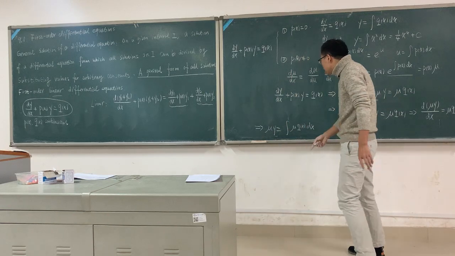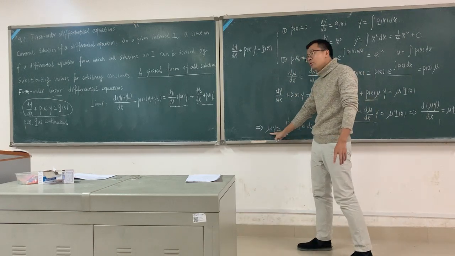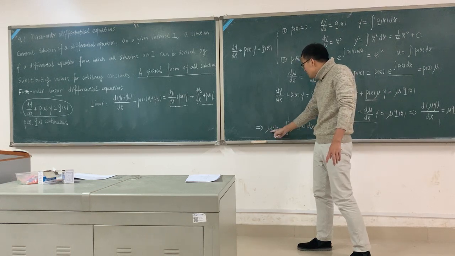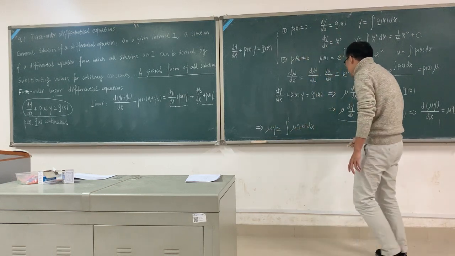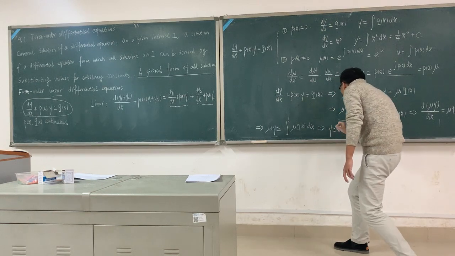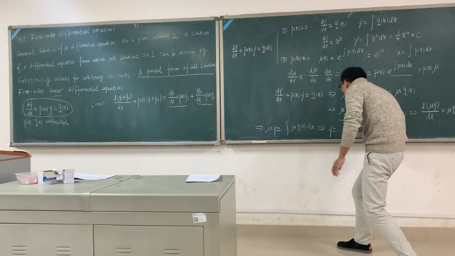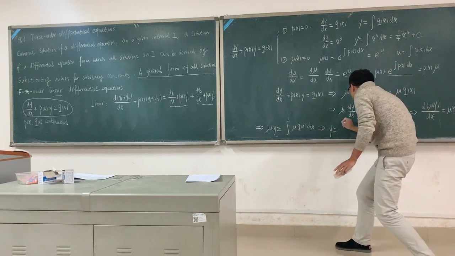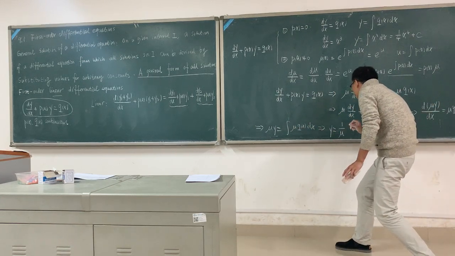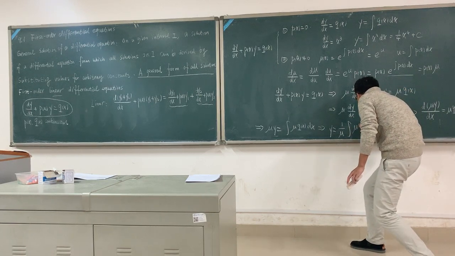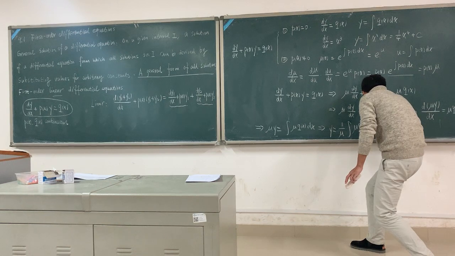We divide by mu on both sides, so y equals 1 by mu times the antiderivative of mu q(x) dx.